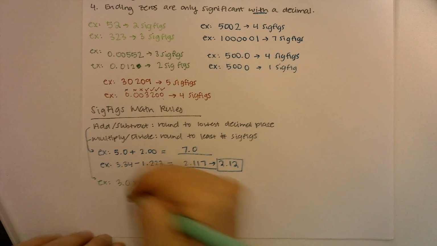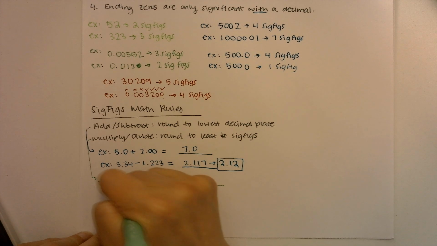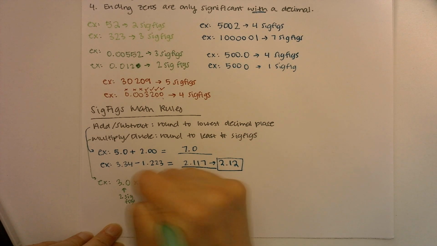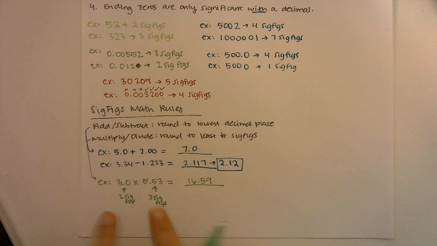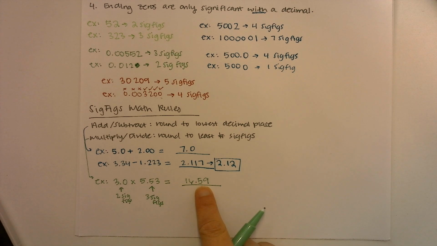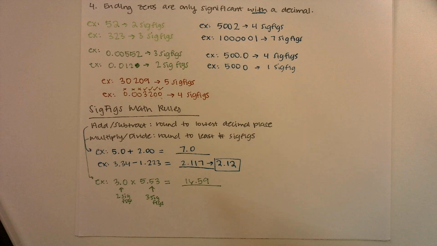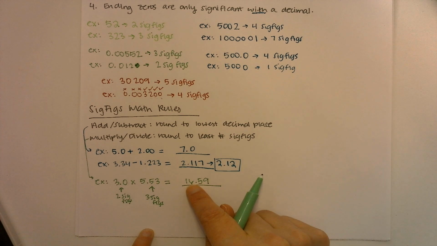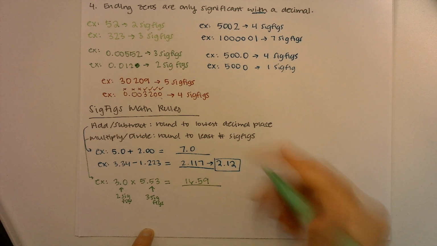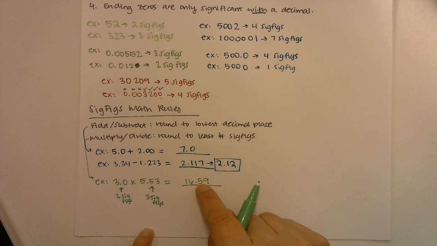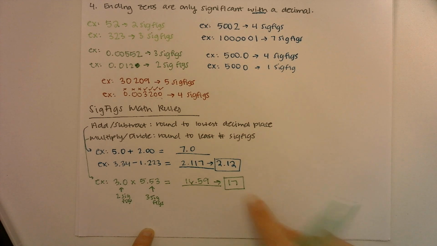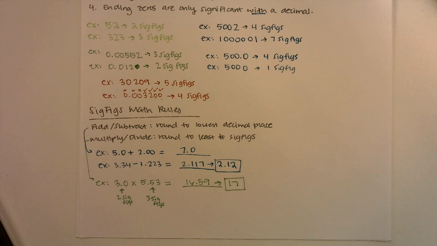I know 3.0 is 2 sig figs, and the 5.53 is 3 sig figs. Between these two values, 2 sig figs is the least amount. So I would want to round the 16.59 to 2 sig figs. You look at the first 2 sig figs, and again you look at the next digit after to see how to round. So 16.5 and then 9, that would round up to 17. That would be 2 sig figs.